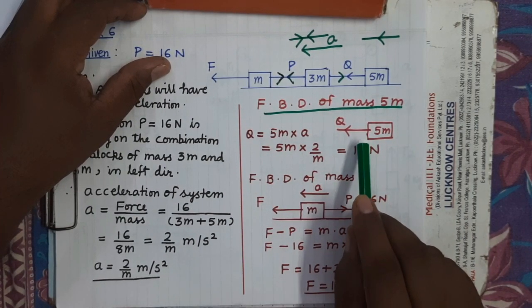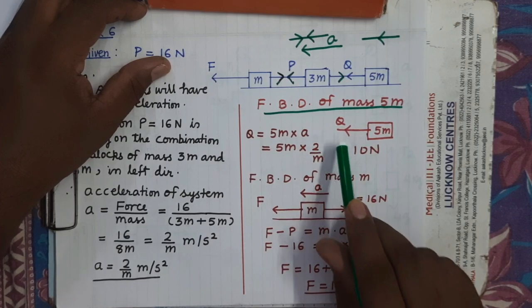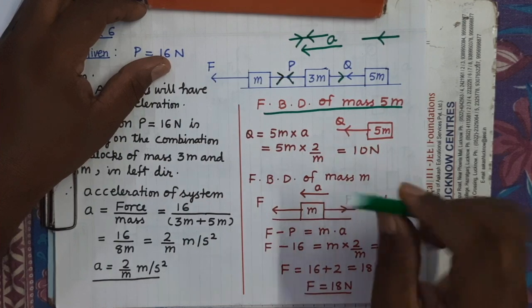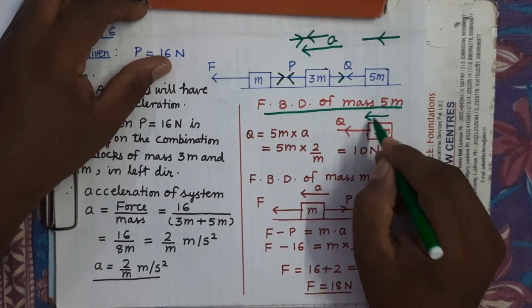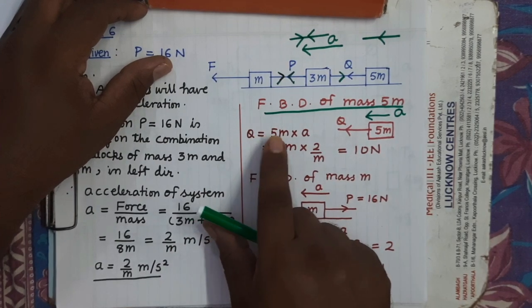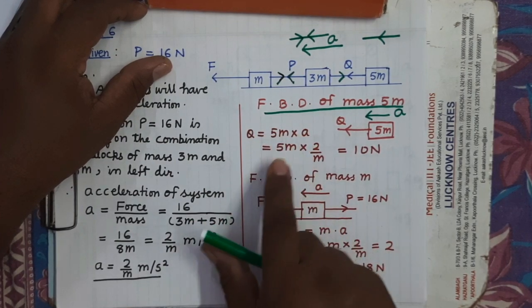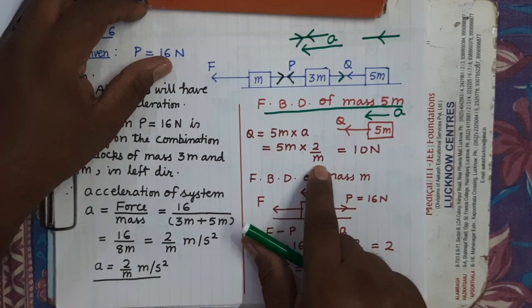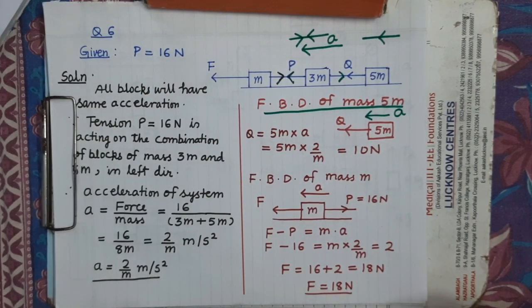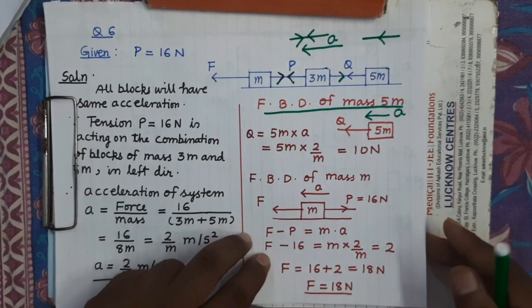So what will be the equation of motion? Force acting equals its mass multiplied by its acceleration. What is the acceleration? Already we have found the acceleration a is 2 upon m. So Q equals 5m into a, that is 5m multiplied by 2 upon m. m and m cancel, that is Q equals 10 Newton.